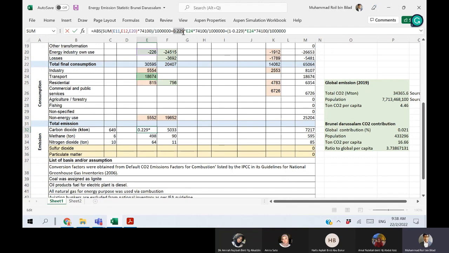As we will learn later on, when you have more disaggregated data, I mean more detailed data, you can come up with a more precise estimation and then better policy.